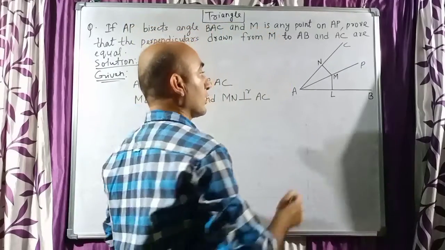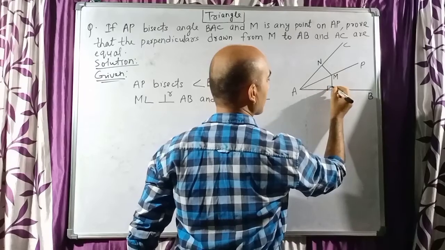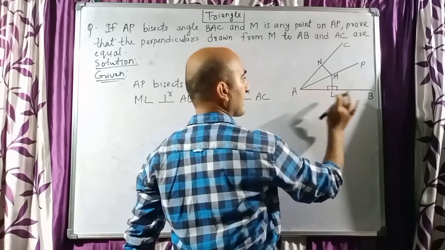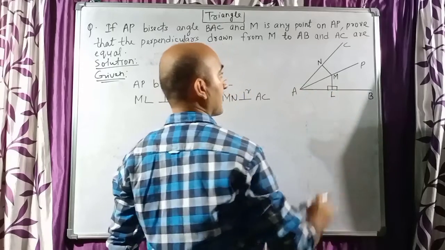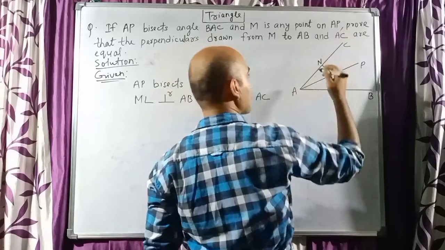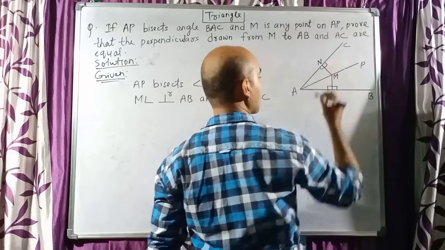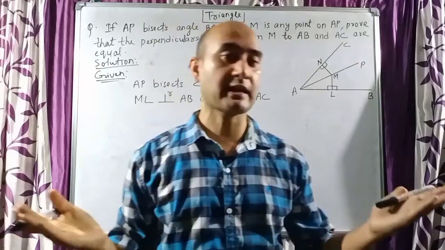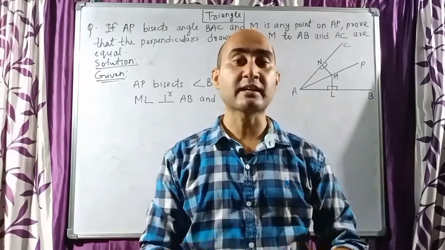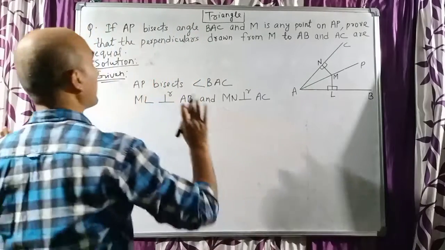A perpendicular line makes 90 degree on both sides. If ML is perpendicular to AB, it has made 90 degree on both sides, and if MN is perpendicular to AC, it also makes 90 degree. Perpendicular means a straight line making 90 degree at the base. So very simple.